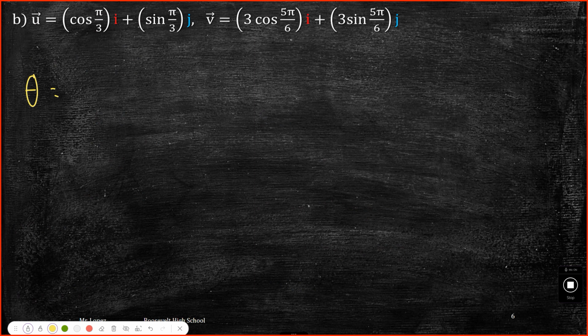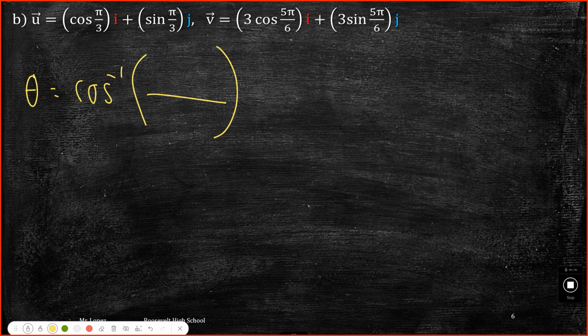So theta equals cosine inverse. Let's get the dot product for the top. Make sure that it is in radians. On this calculator, make sure it says rad, because this is radians. DRG, go to rad, enter it, make sure it says rad. You have to multiply cos pi by 3 times this, 3 cos pi by 6, and then add it to sine pi by 3, and that.